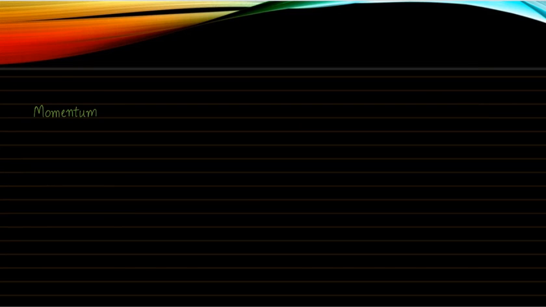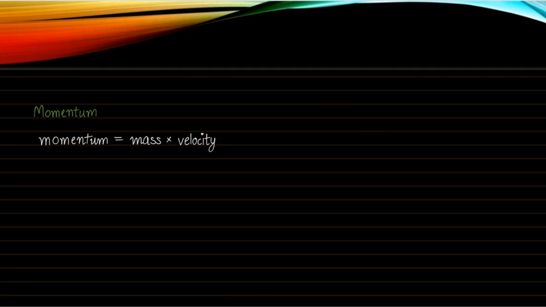The next derived unit is momentum. Momentum is a physical property of any body. We will discuss this momentum in our upcoming classes. For now, let's just look at its mathematical form. Momentum is defined as mass times velocity. Instead of writing a whole sentence, I can just write a notation.